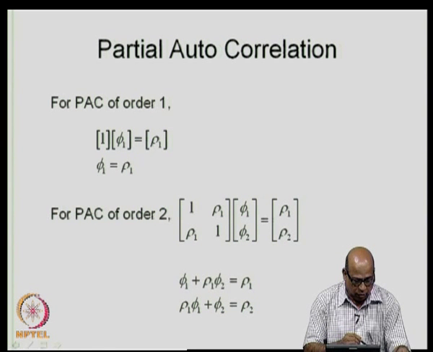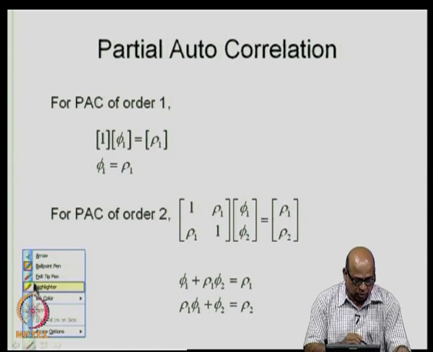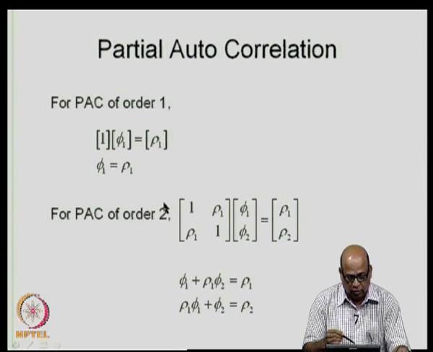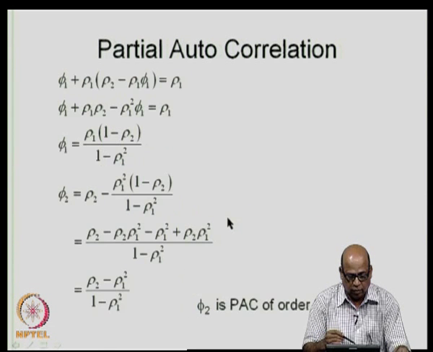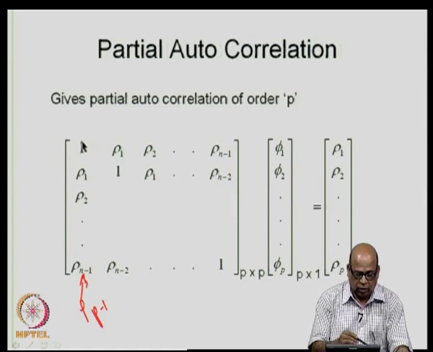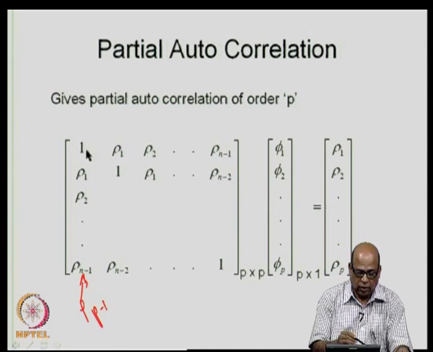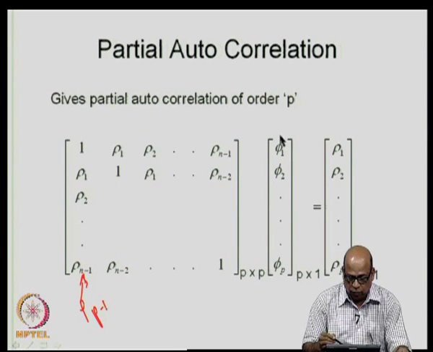Similarly, for the second order partial autocorrelation, you will write the Yule-Walker equations of order 2. What I am doing now is that I am writing it for the second order. So, the matrix with rows 1, rho 1 and rho 1, 1, multiplied by phi 1, phi 2, is equal to rho 1, rho 2.